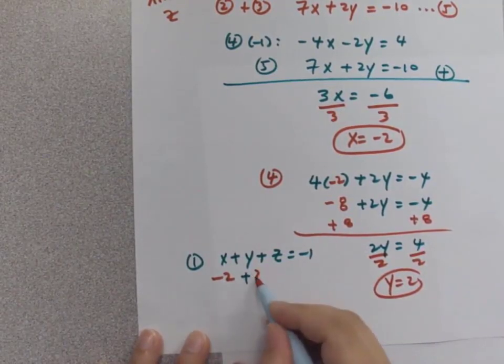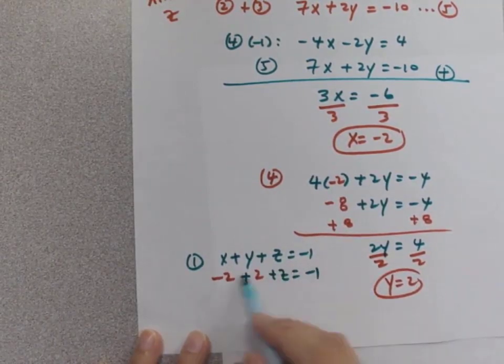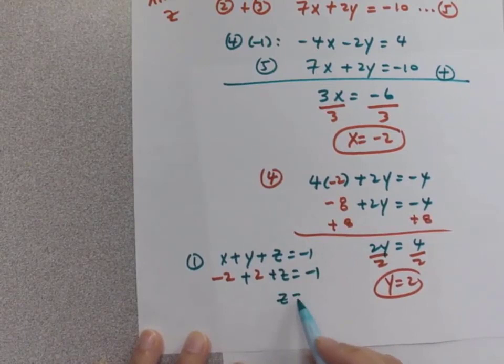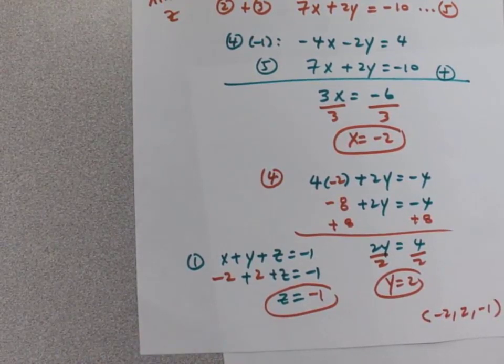And then plus z equal to -1, so this guy cancels, right? So z is -1. Is everybody okay with that? So this is x equal to -2, y equal to 2, z equal to -1. Everybody okay? Double checking. Okay, got it.